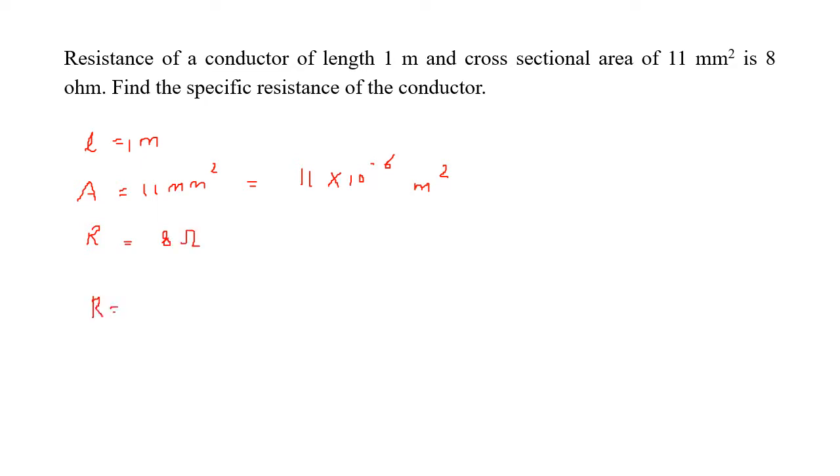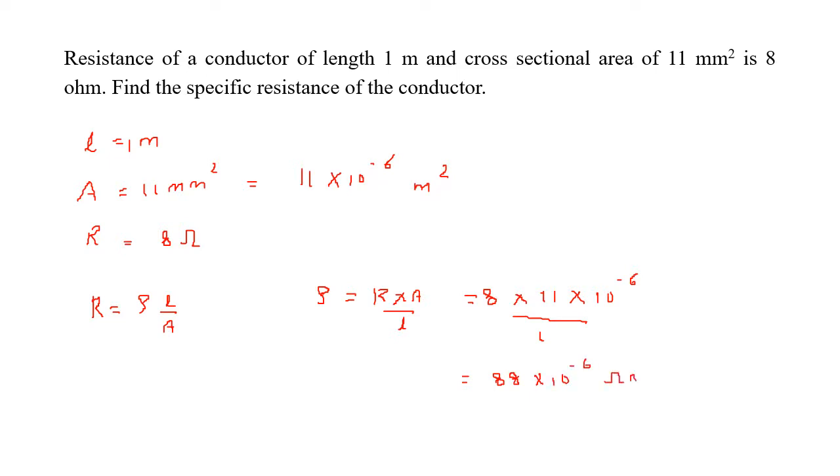So R equal to rho L upon A, so rho equal to R into A upon L. R is 8, A is 11 into 10 raised to minus 6, upon L. L is 1. So we have got 88 into 10 raised to minus 6 ohm meter.